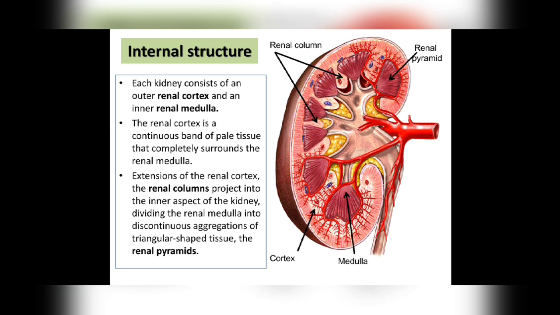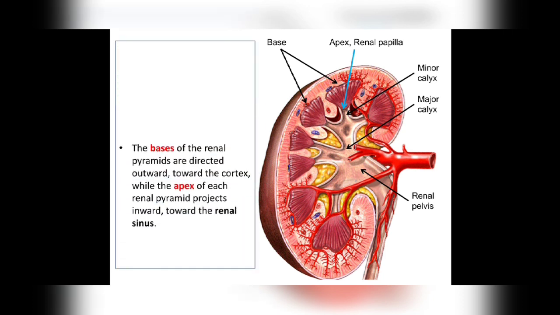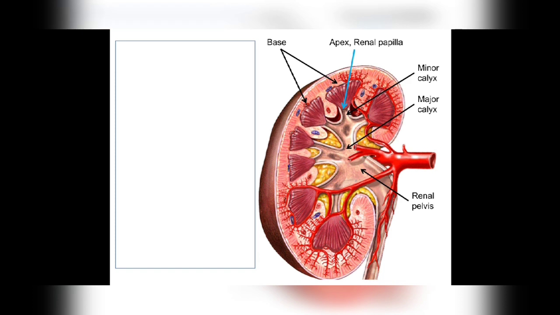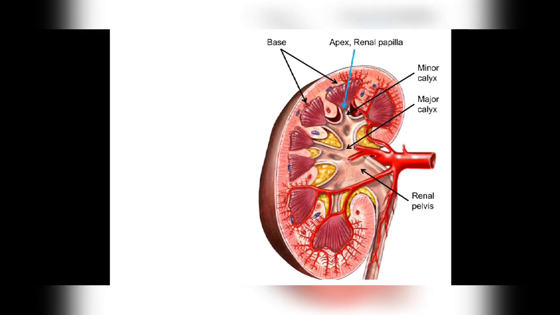Extensions of the renal cortex, the renal columns, project into the inner aspect of the kidney, dividing the renal medulla into discontinuous aggregations of triangular shaped tissue, the renal pyramids. The bases of the renal pyramids. In this diagram we can see this is the cortex, this is the medulla, and these are the renal pyramids.